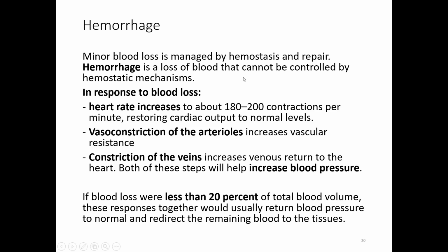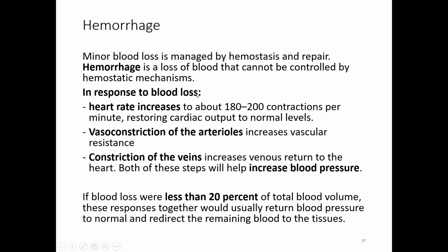Hemorrhage. When you're working in the garden and scratch your skin, or when you are cooking and cut your finger, usually it's a minor blood loss and it will repair itself. It will be managed by hemostasis. But hemorrhage is a loss of blood that cannot be controlled by hemostatic mechanisms. Usually it happens when larger blood vessels are severed.